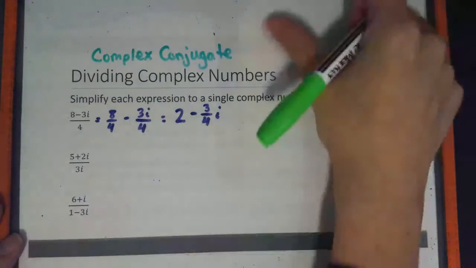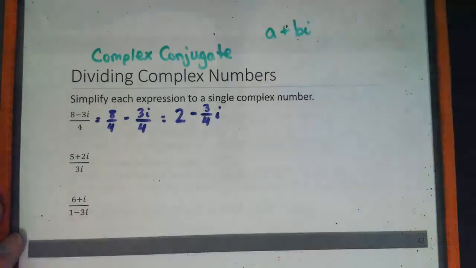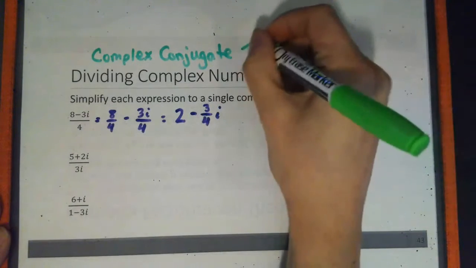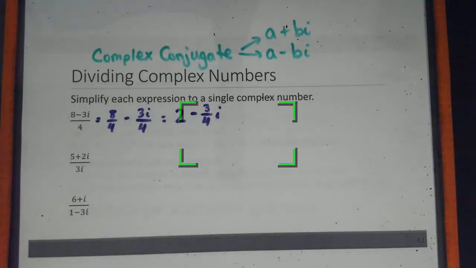The complex conjugate is the same number, a plus bi, but change the sign on the bi term. So a minus bi. Those two are complex conjugates of each other. So when you see an i in a denominator, we're going to multiply numerator and denominator by the complex conjugate.